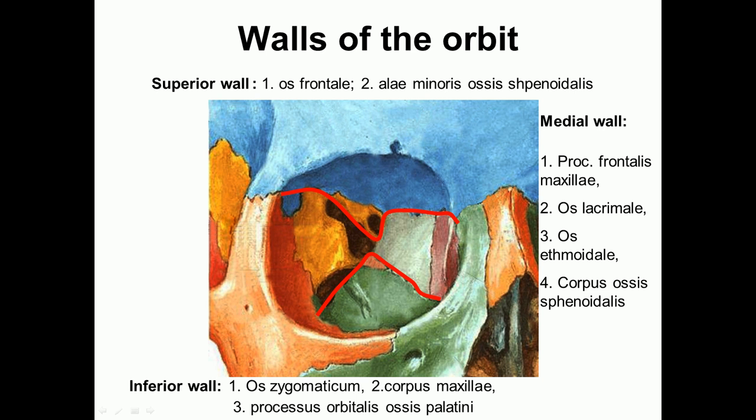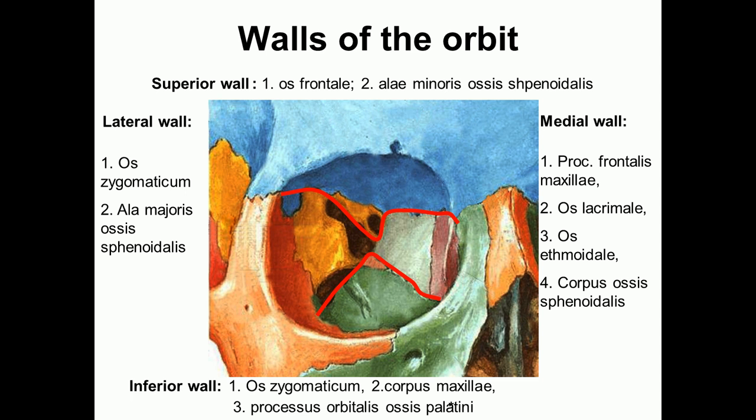And last, the 4th wall is the lateral wall. How many bones form this lateral wall? Only 2.